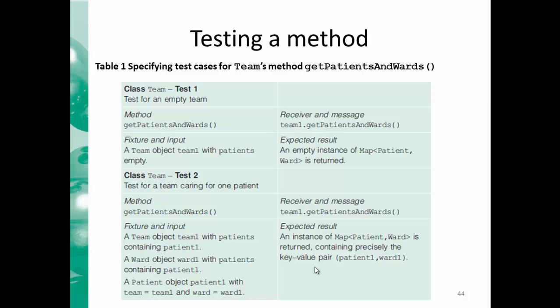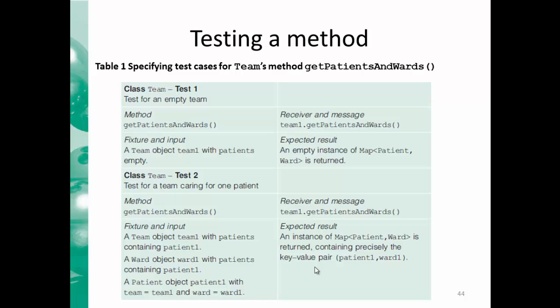Now when we call the method getPatientAndWards, we expect that a map object of PatientAndWards will be returned, and that map object will include and contain patient1 and ward1, because that's what we have decided in the fixture.